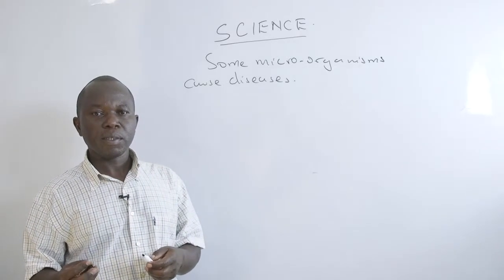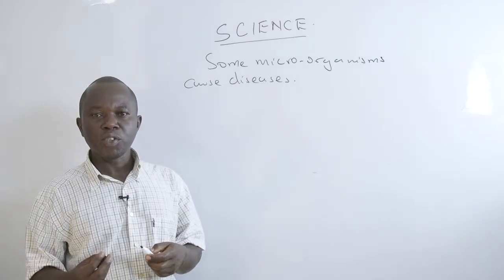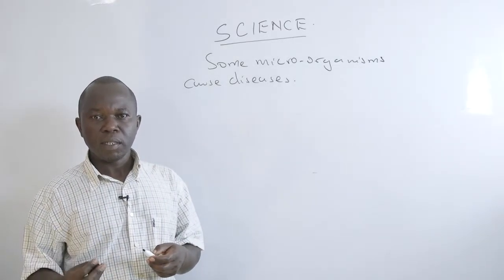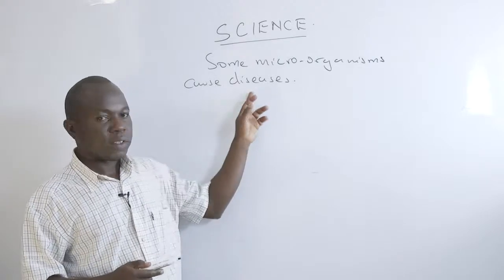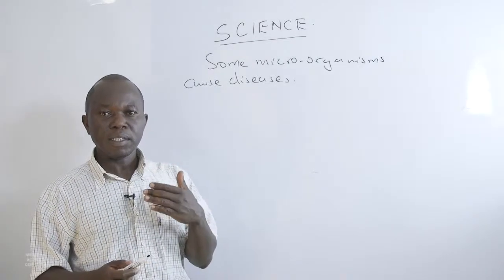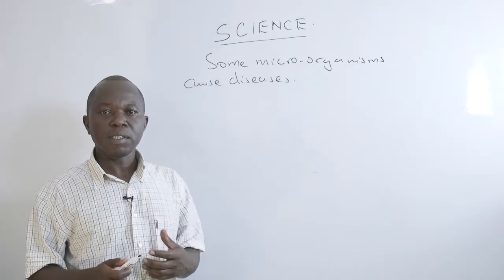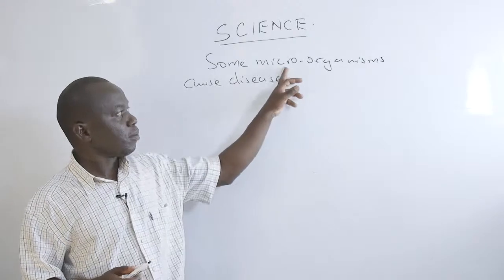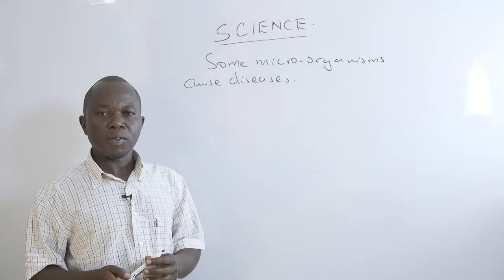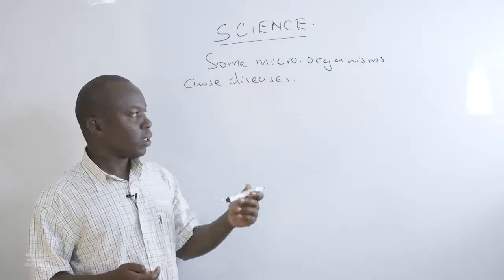We were able to find out that the body systems at some point will not continue functioning normally due to the presence of diseases, and that a disease is any malfunctioning of the body system. Most of them are caused by microorganisms. So this is just an acquaintance that we already have.